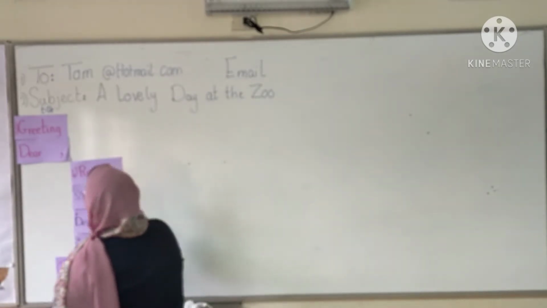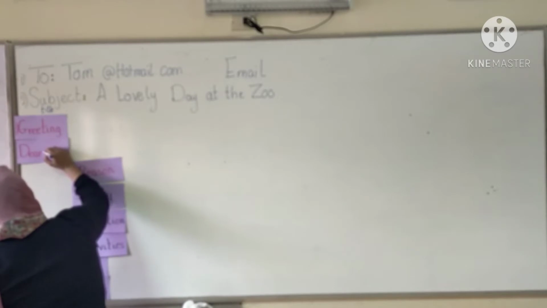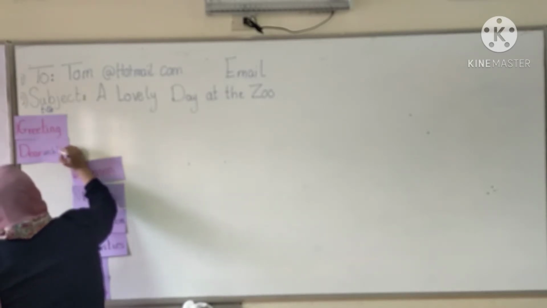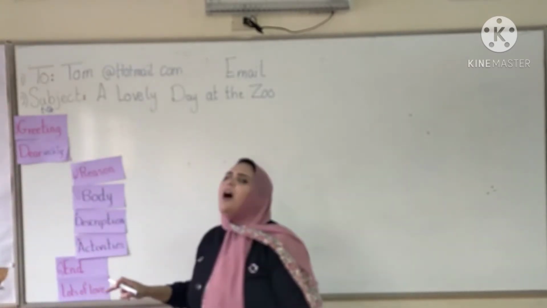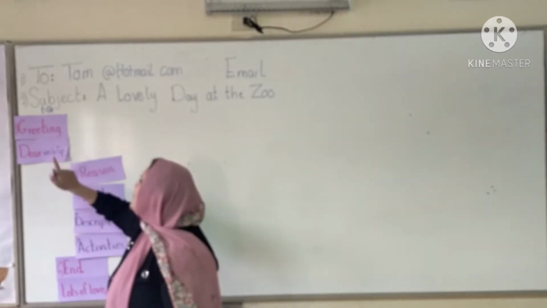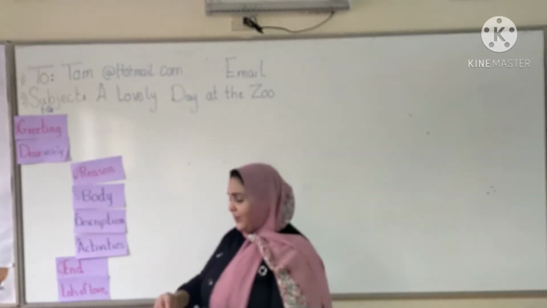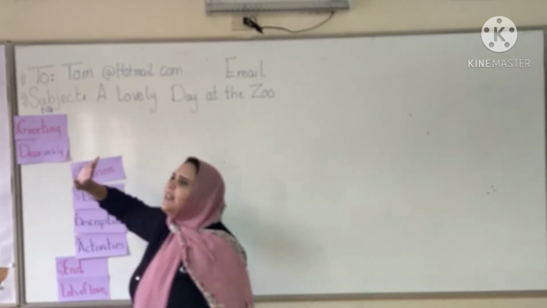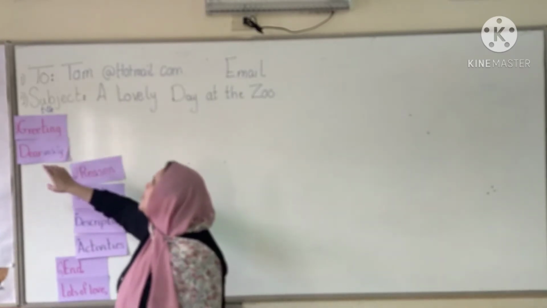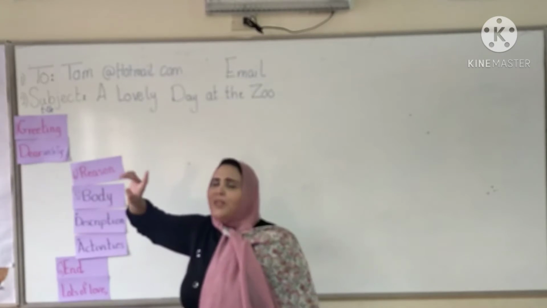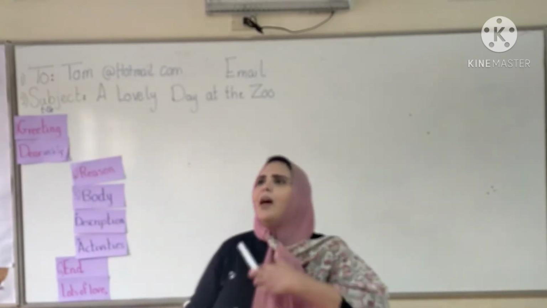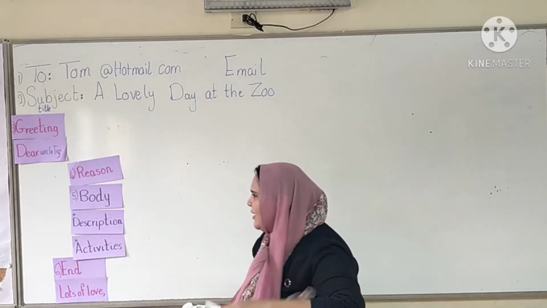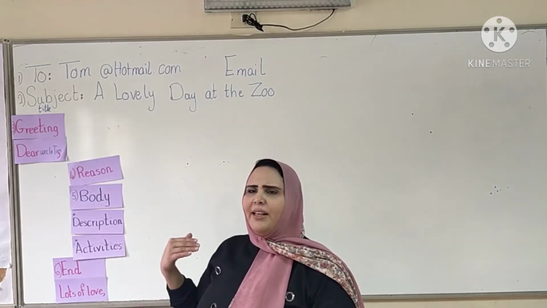So we're going to say, dear Uncle Tom. And after the name, we have to write a comma. So this is the greeting. What does it mean, greeting? Greeting means you're going to write dear and then the name. Dear Uncle Tom. And a comma. After the name, a comma. Don't forget this.